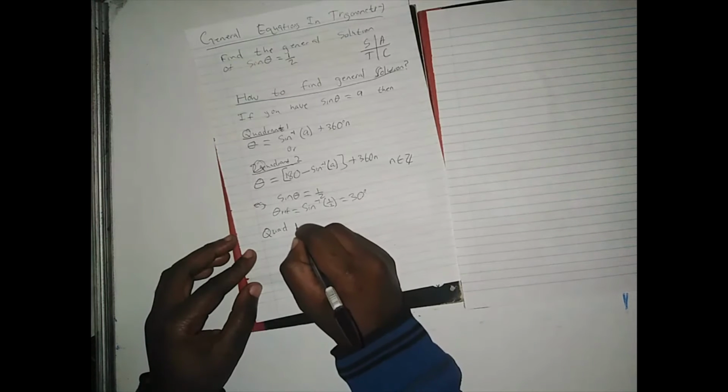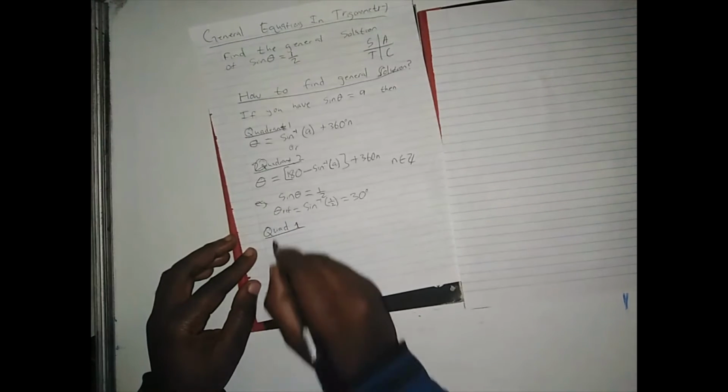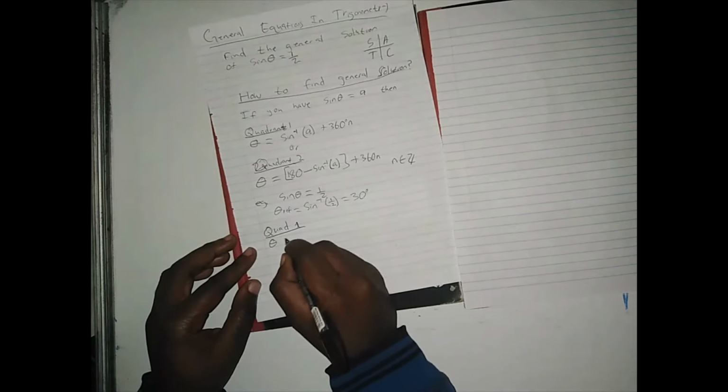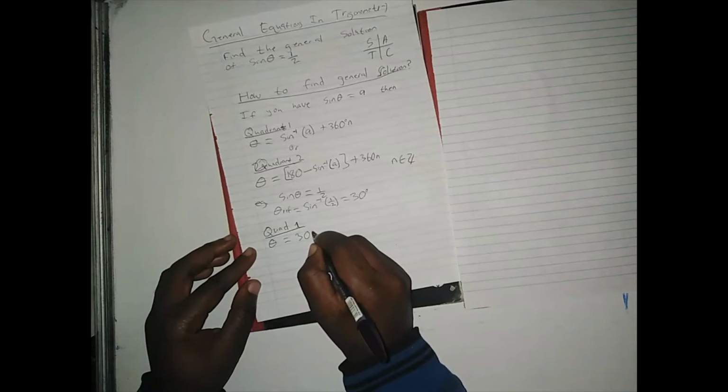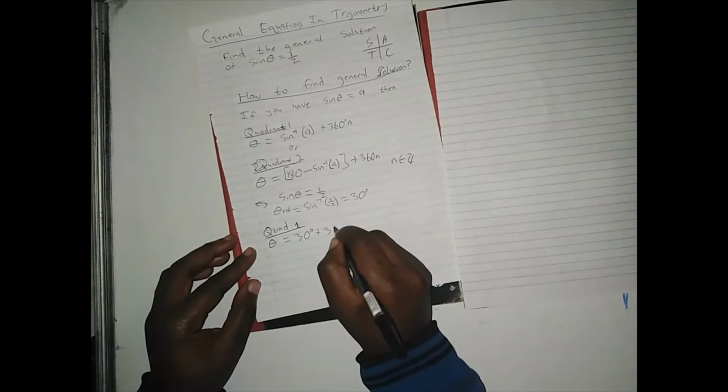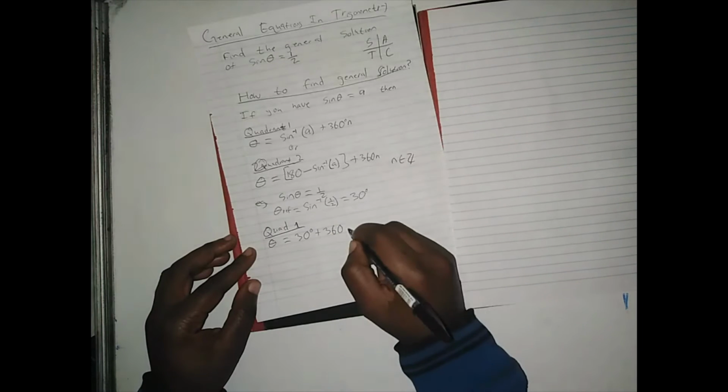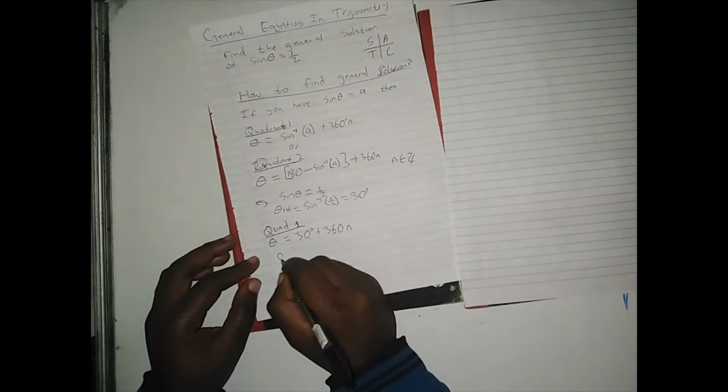Okay, this is the reference angle. You're going to use this reference angle to find the general solution in quadrant 1 and the general solution in quadrant 2. So how to do that? You say in quadrant 1, you're going to have theta, which is equal to 30 degrees plus 360 degrees n. And then what about quadrant 2?